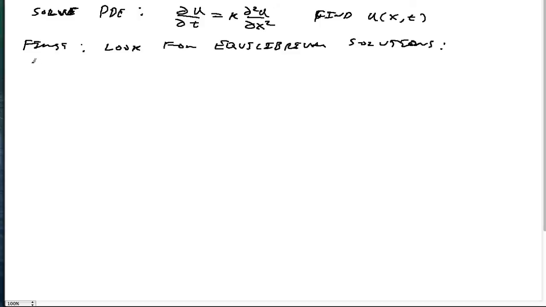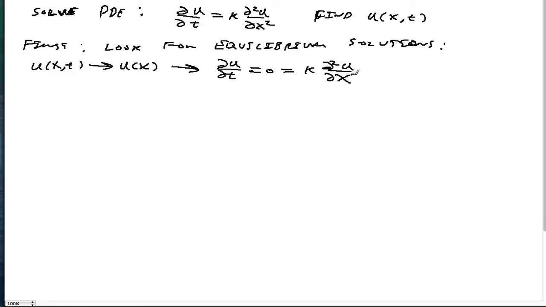So that means the case where u of x comma t is actually just u of x. All right, and this is the condition that the partial derivative of u with respect to t is equal to 0, is equal to k u double prime. So we can write this as k u double prime is equal to 0.